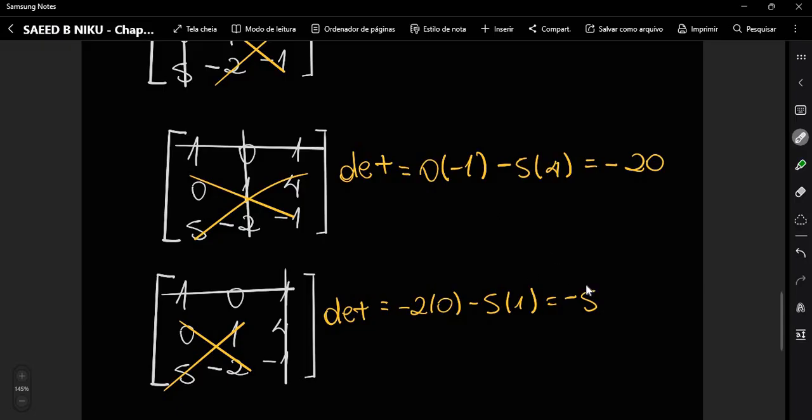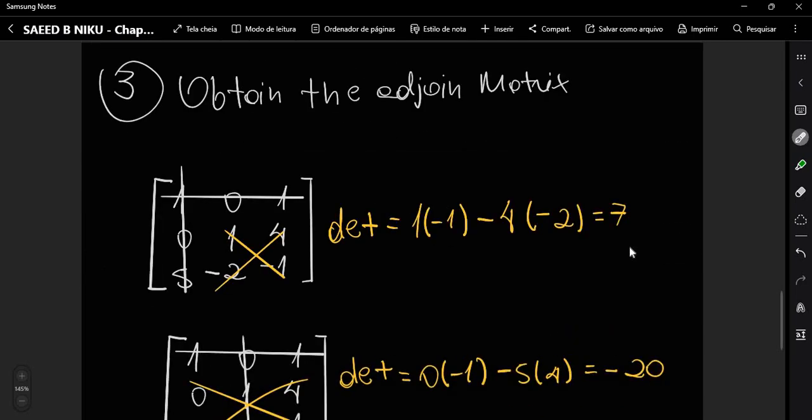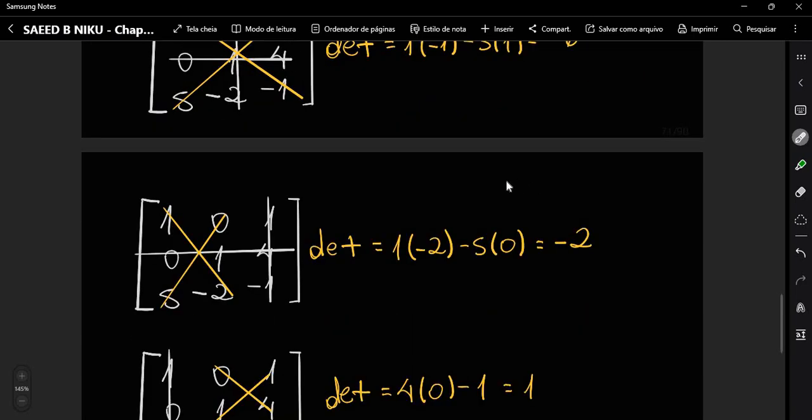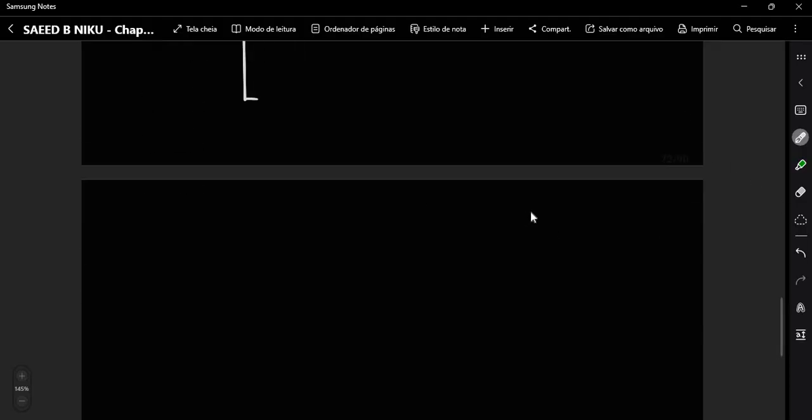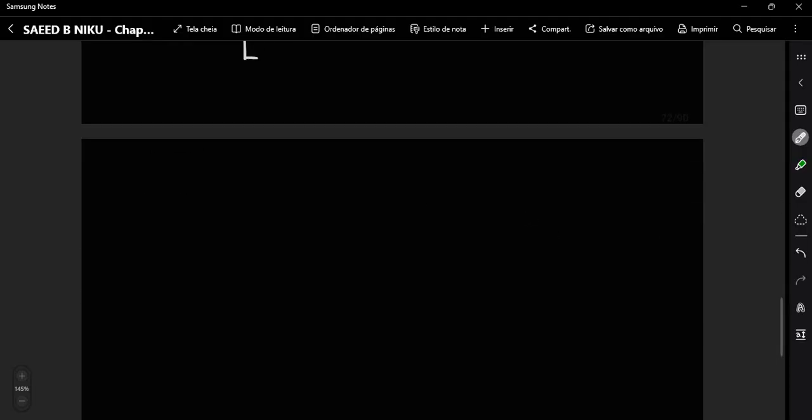and I have to pass to you something that I'm missing, which is important. We have to switch the signs when we are calculating the minors. So for the minors that compose this adjoint matrix, we have to switch the signs.